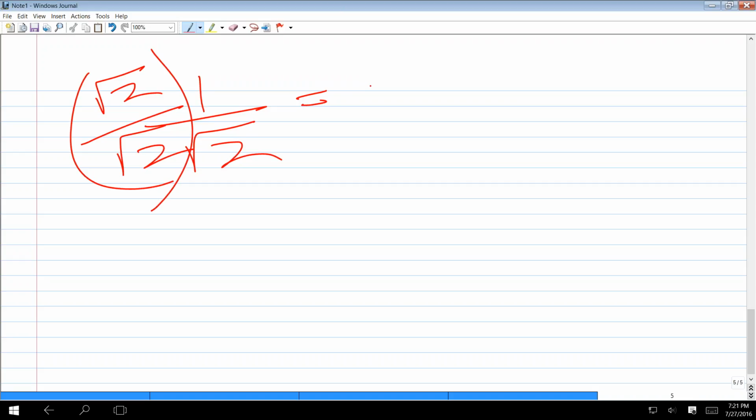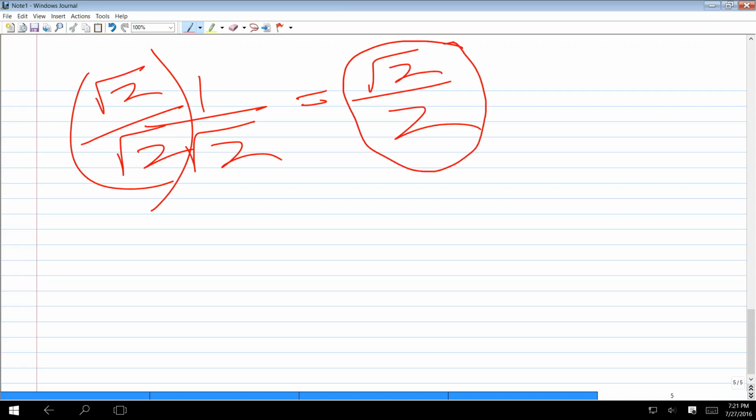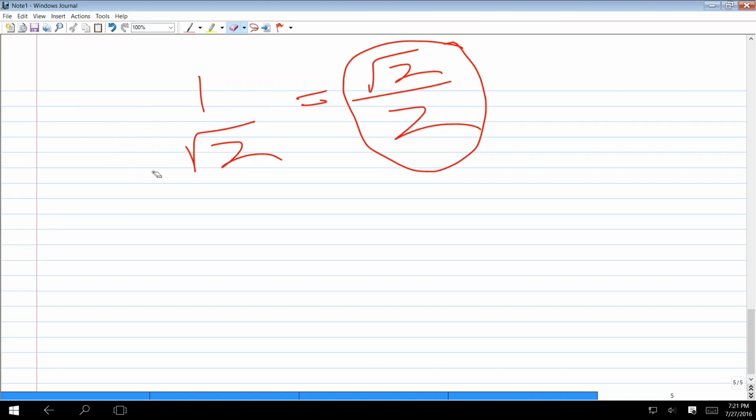1 root 2 over 2. Multiply numerators, multiply denominators. So you get that. Now, if you were to put either one of these into your calculator, you get the same number.